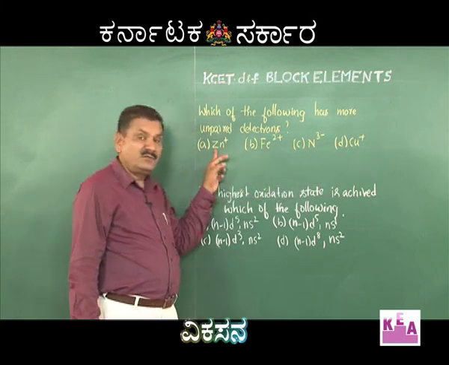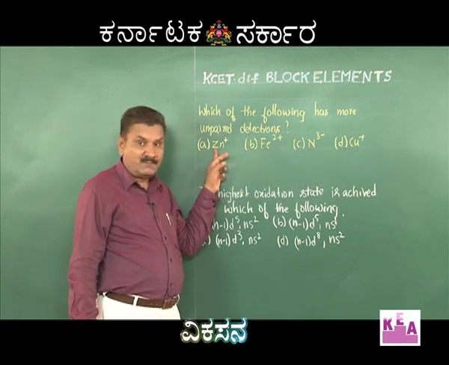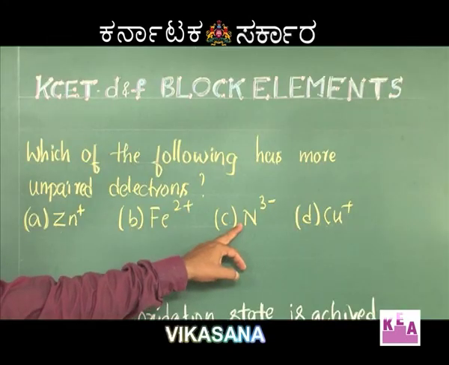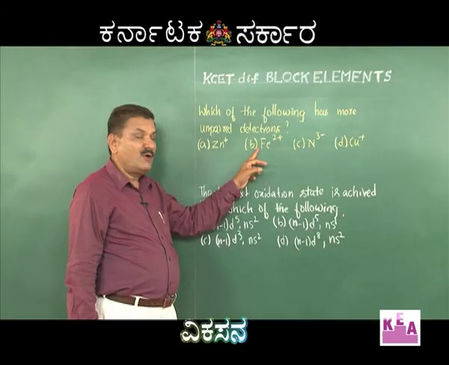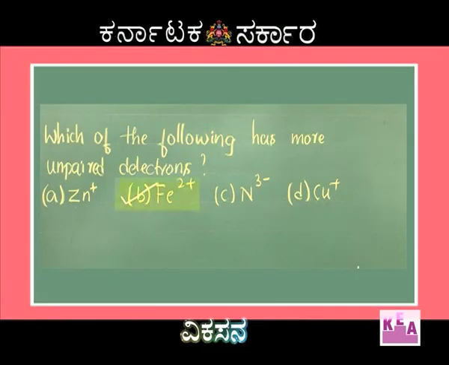Both have 3d10 configuration. N3- does not have d electrons, it has 2p6 configuration. Now the correct option is Fe2+. This Fe2+ has 4 unpaired d electrons. So the correct option is option B.